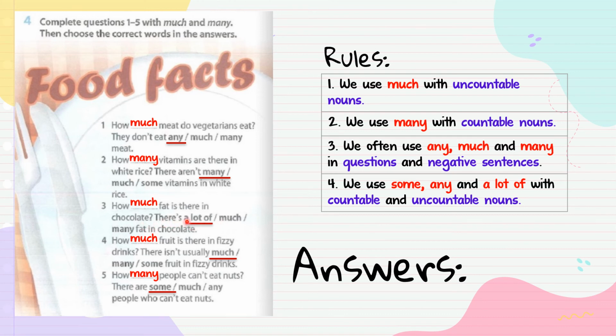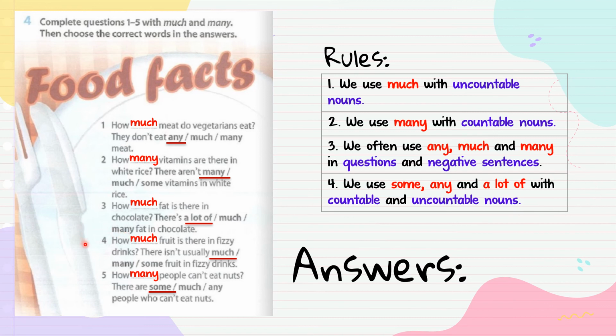Okay, this one is a positive sentence. So we have to look at the fourth rule. Some, any, a lot of. Okay, so the most suitable answer would be a lot of. Much tak ada dekat sini. Many pun tak sesuai. Lagipun dia tak ada kat sini. Sebab many adalah untuk countable noun.